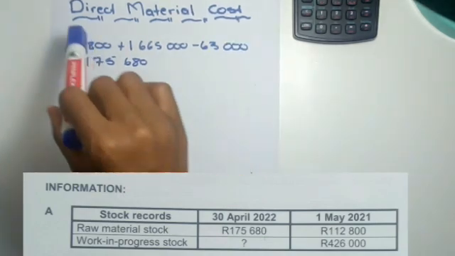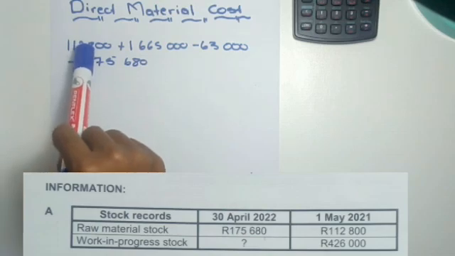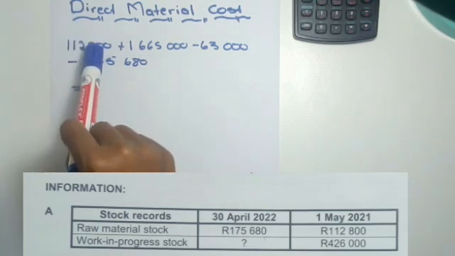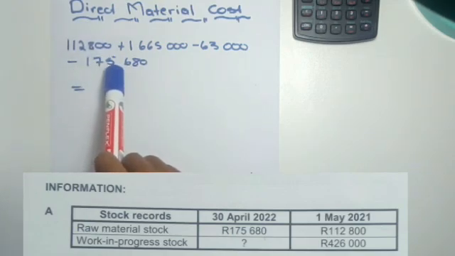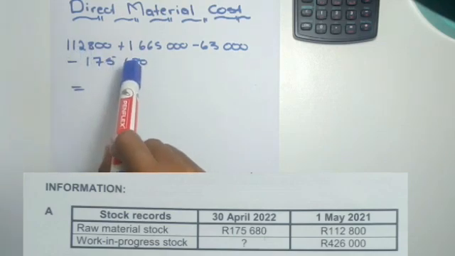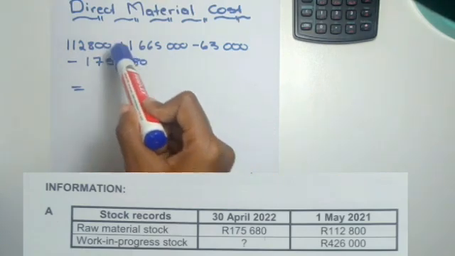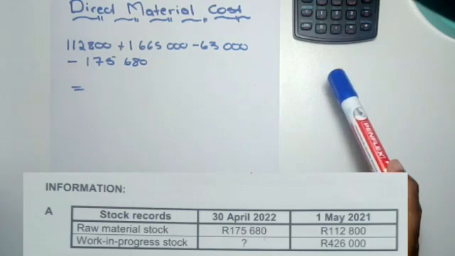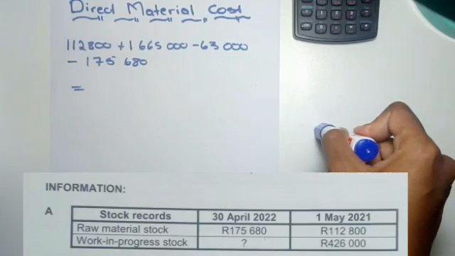Just to reiterate, remember the opening stock is added here. It's a positive amount, and it's always added because we are going to start with using it, as we have already explained. And the closing stock, which is the stock at the end of the year, is always subtracted. Why? Because we are going to start by counting it in the next financial year. So it doesn't make sense for us to add it here and then open up again with it next year, because remember, this year's closing stock becomes next year's opening stock.